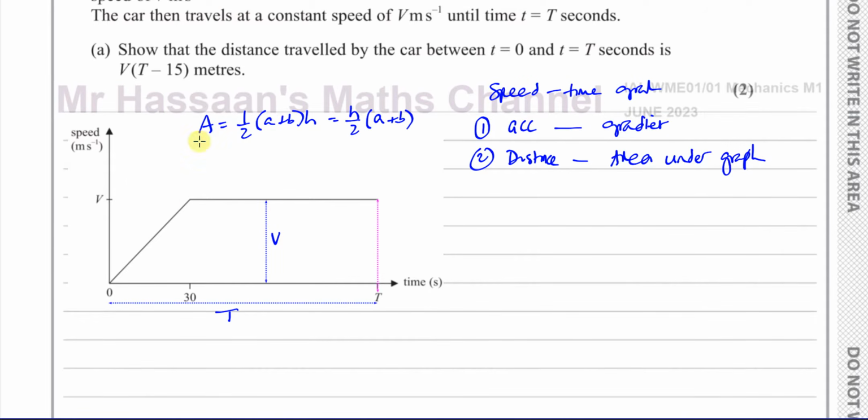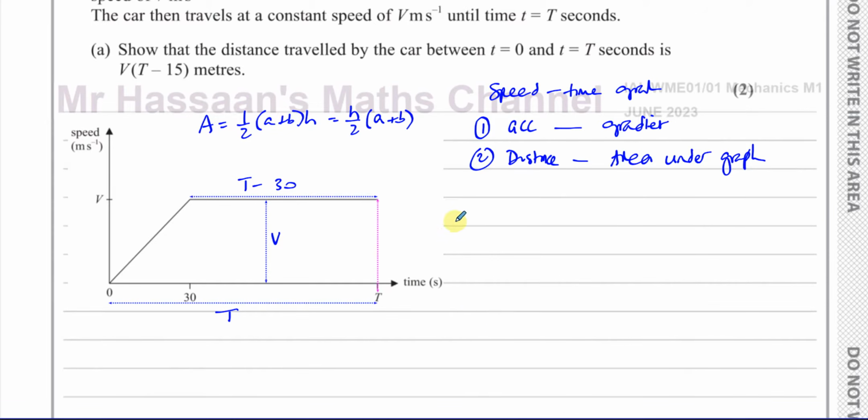And this is the length of the other parallel side, which is basically the same as this length here, which is t take away 30. From there to here is 30, and the whole length is t. So t take away this length 30 will give us t minus 30.